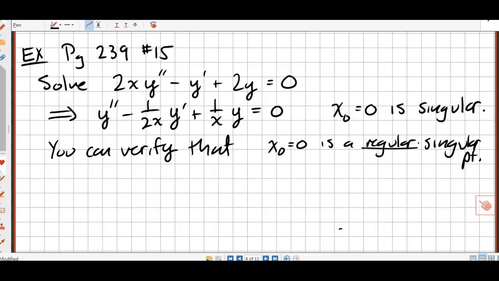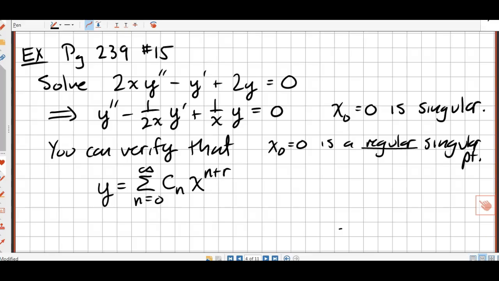Okay, so now the assumptions that we make are the form of y. So we're going to say, well, y is going to be the summation as n goes from 0 to infinity, c sub n, x to the power n plus r. So this is very similar to the assumptions we made when we were using the power series solutions, except for now we've got that extra term r.